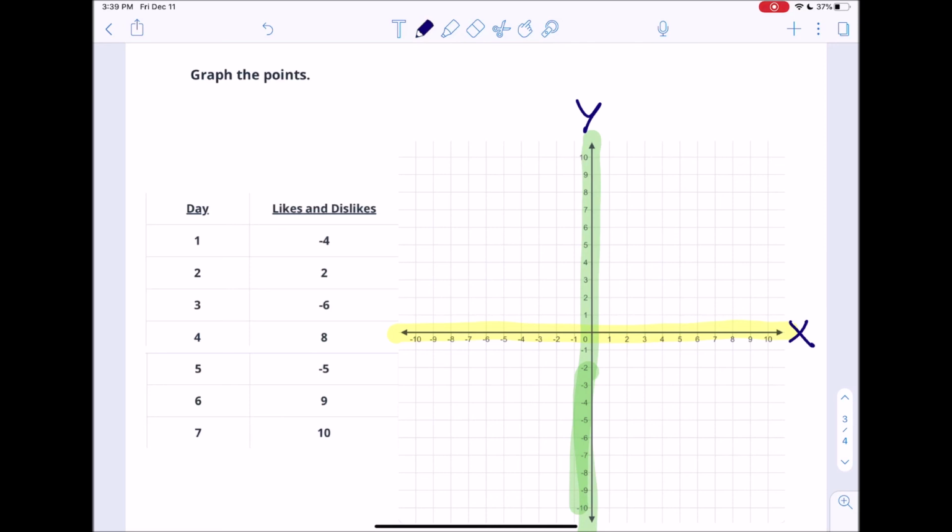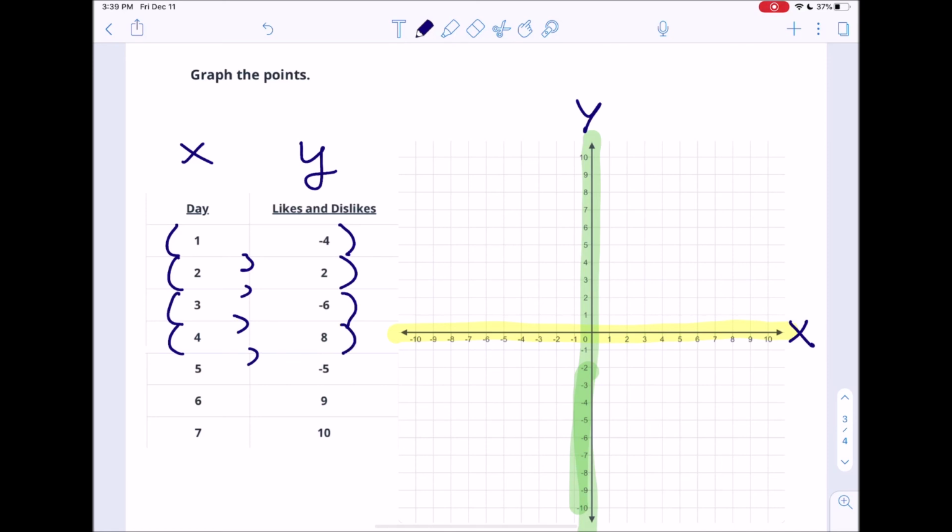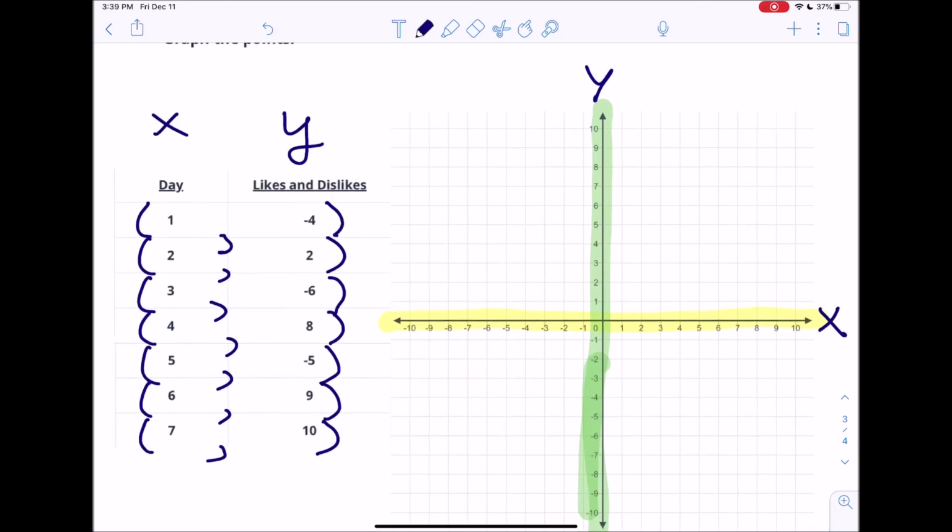Now, when you're given data like this, remember the first number is always your x, the second number is your y. And a table like this, if you can imagine it, what it actually is here's your points, right? This is normally how you're given points, but this is just in a table form. But if this makes you feel better to think of it as points, because they are points, you can always rewrite them that way. So our first number is x, our second number is y.